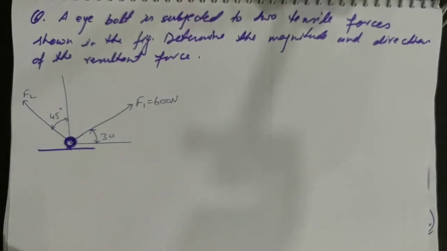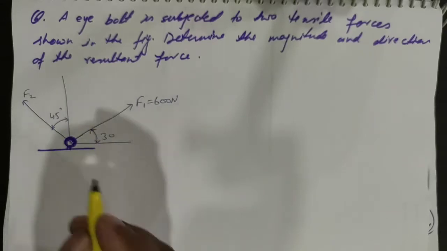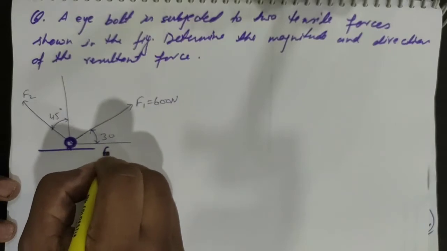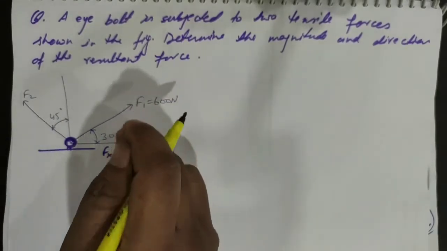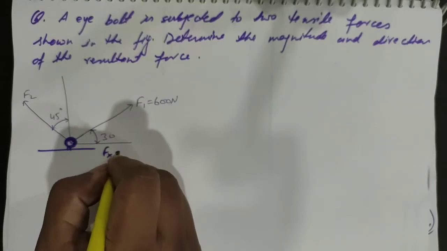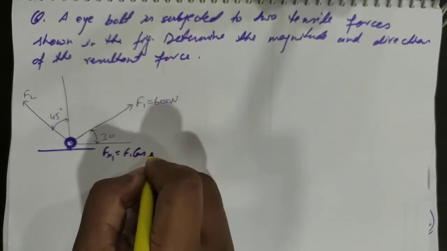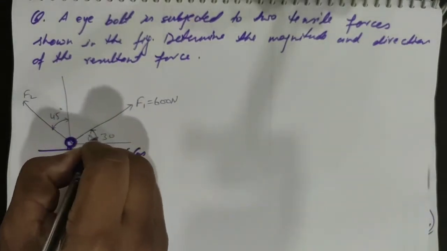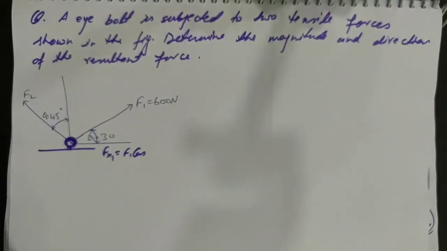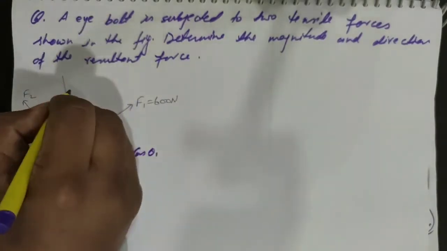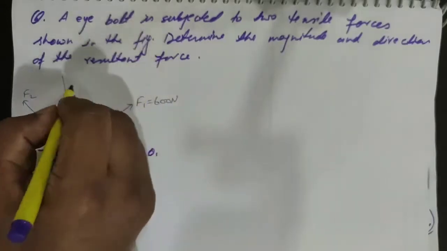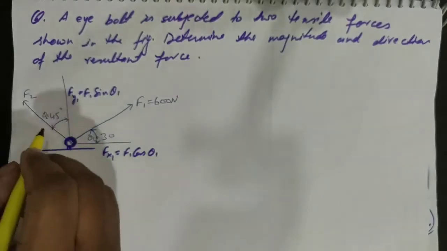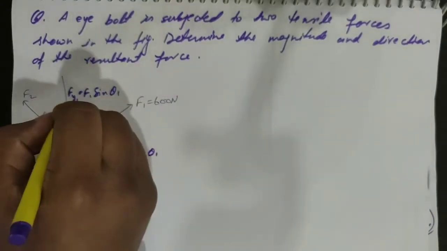We are going to split the components of those forces. Fx1, the x component of force 1, is equal to F1 cos theta 1, assuming this is theta 1 and this is theta 2. Fy1 is equal to F1 sin theta 1, in this direction.